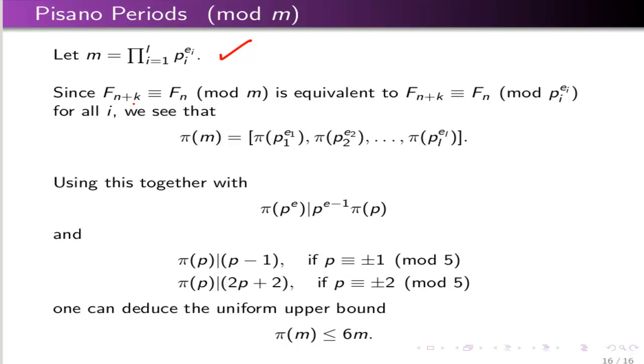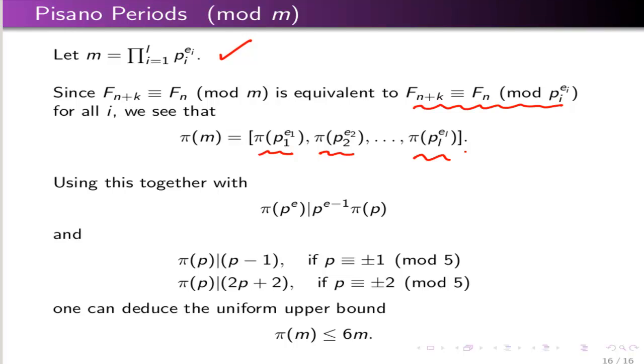So having F periodic mod m is equivalent to saying F_{n+K} is congruent to F_n mod p_i to the e_i for all values of i. And therefore, the minimal value of K satisfying all of these relationships is precisely the least common multiple of the Pisano periods mod each of the individual prime powers. Okay, so that's step one.